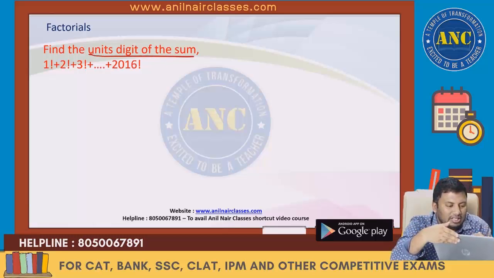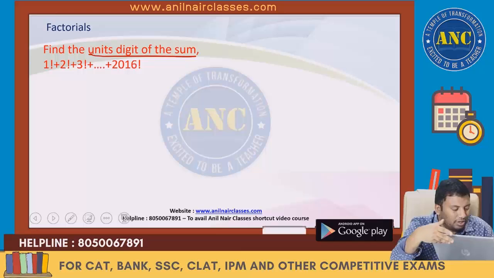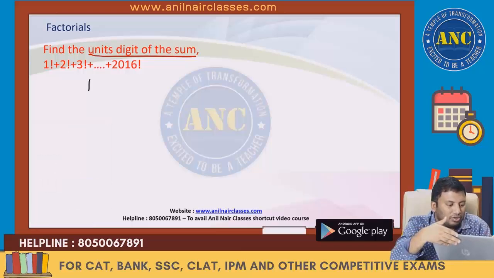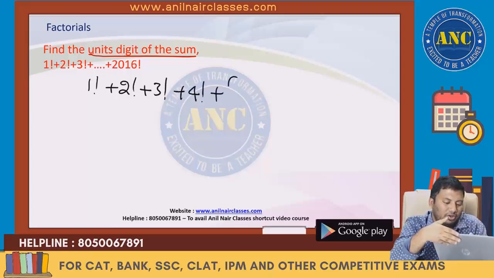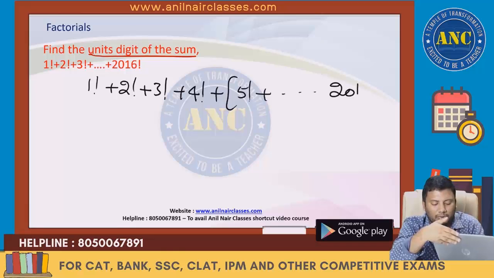Find the unit digit of this sum. This sum's unit digit I need to see. So 1 factorial plus 2 factorial plus 3 factorial plus 4 factorial. Remaining is 5 factorial and so on up to 2016 factorial.